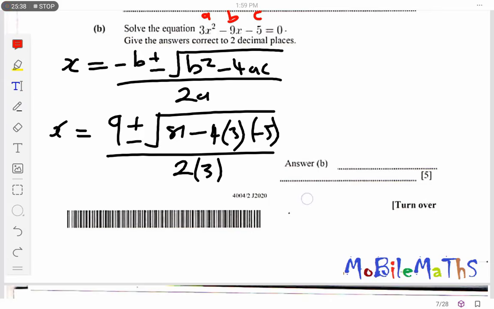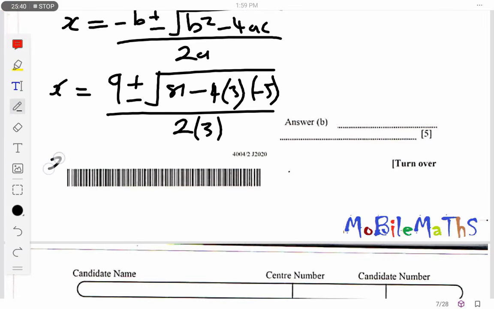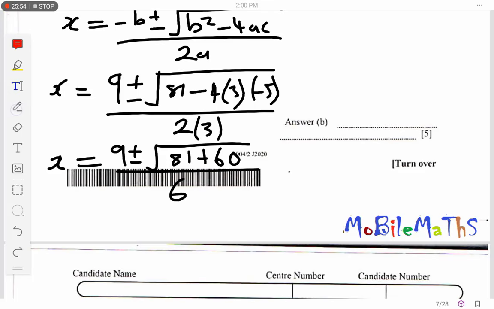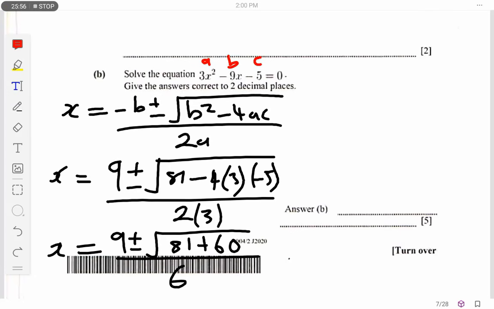So when we do this, we get x is equal to 9 plus or minus square root of 81 plus 60, over 6.